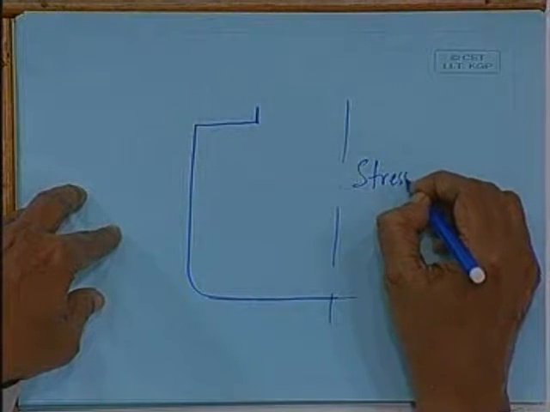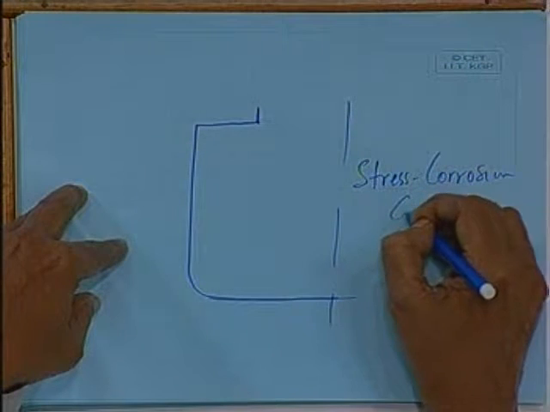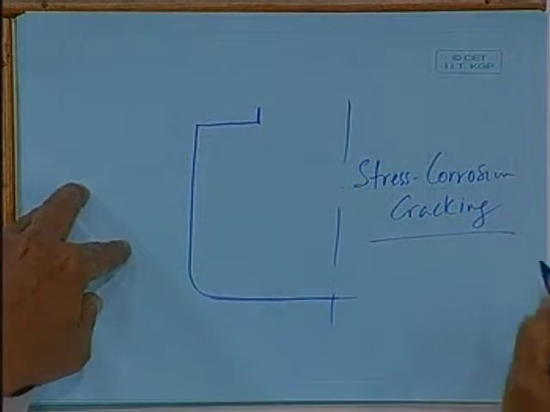This phenomenon is called stress corrosion cracking. Plate cracks due to stress and corrosion. This is one which you have to be very careful about. We have seen the uncertainties in material properties.